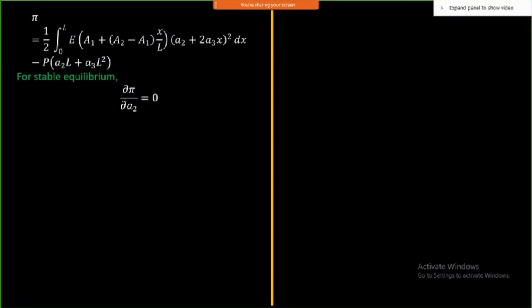This is the potential we got for the polynomial. We can now integrate over this, and now this is the total potential we got.